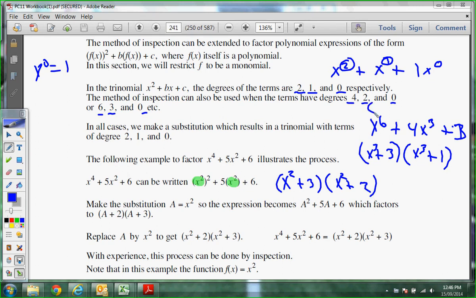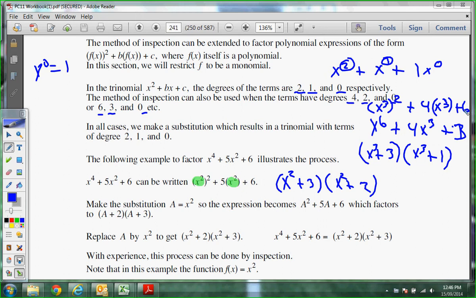This would be x cubed squared plus 4x cubed, and then plus 6. So you see the thing in parentheses is the x cubed, so that goes here, and then we just factor it like normal. That's kind of how the book explains it.